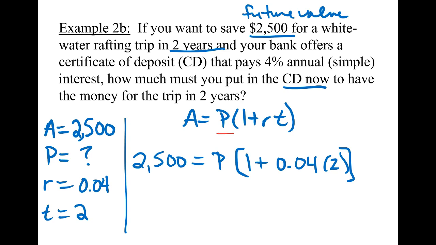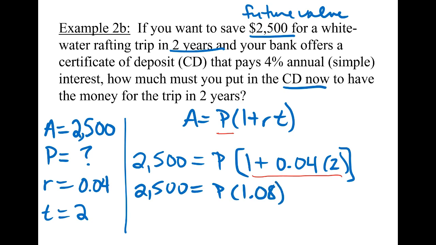We've plugged in all these values, and now we just need to continue solving for P. What I'm going to do is combine the terms inside the brackets. 2,500 is P times 1.08. And then we just divide both sides by 1.08.